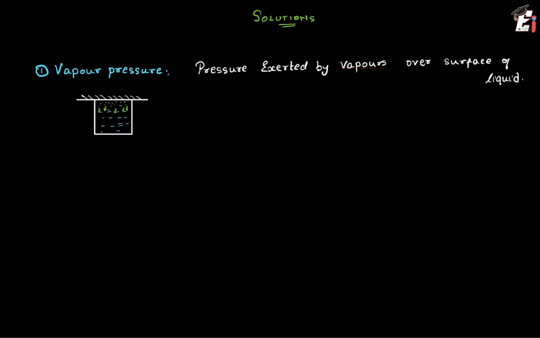Here you must know that the rate of evaporation will be equal to the rate of condensation, because it is in equilibrium. Rate of evaporation equals rate of condensation. At equilibrium, this is the case.